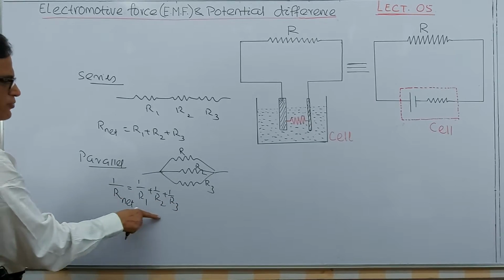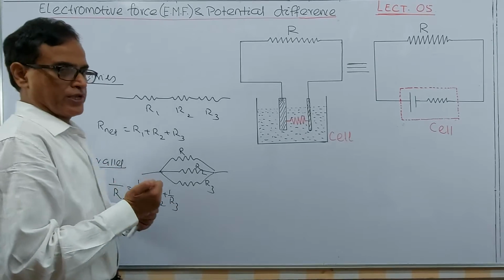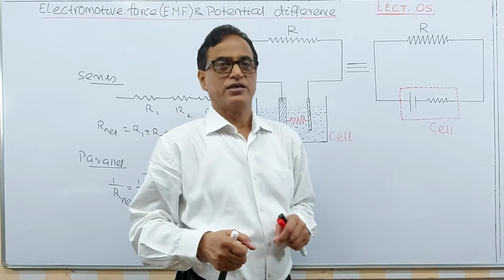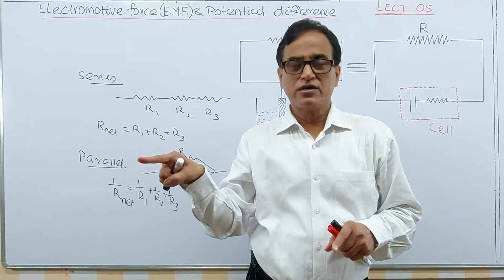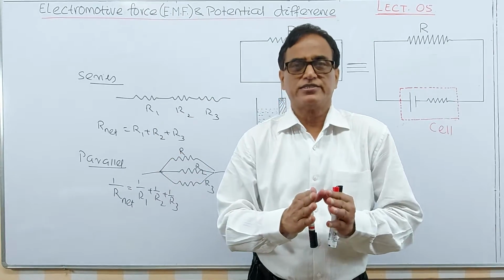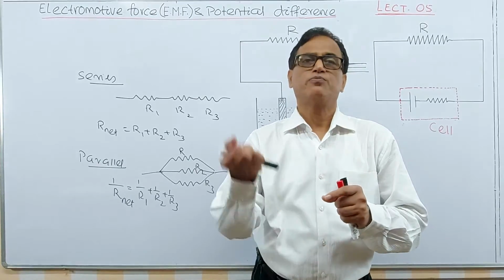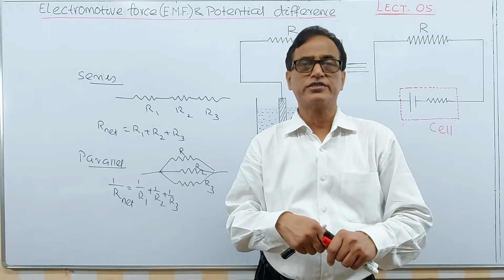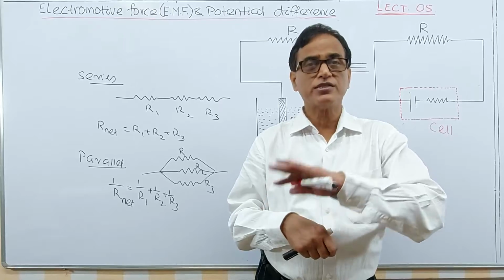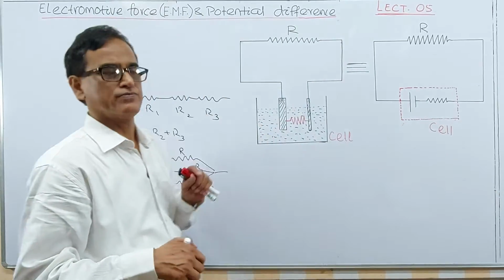This is called the reciprocal formula. That's why in case of resistances, if you connect in series, the net resistance increases. If you connect in parallel, net resistance decreases. Remember, the reverse happens in case of capacitors.